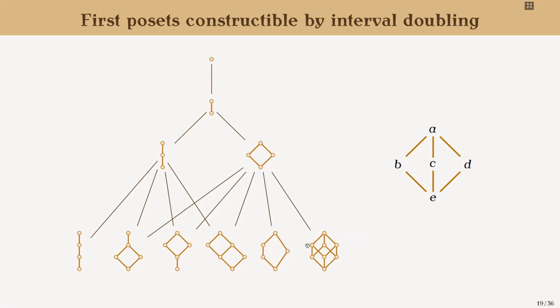Okay, we can talk about it later. I wonder if by just doubling this element here, you can obtain the hexagon. I think, yeah. Okay. But not this one.